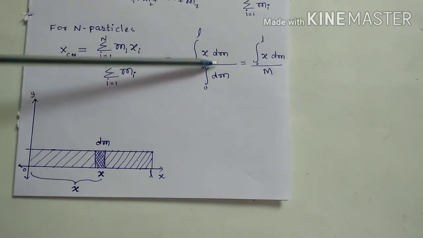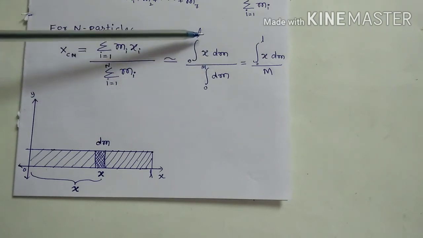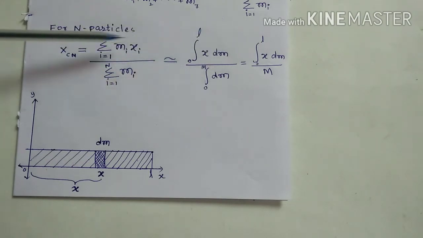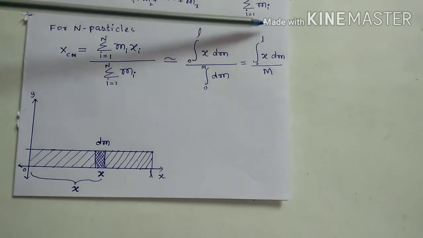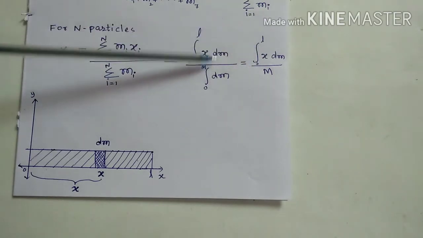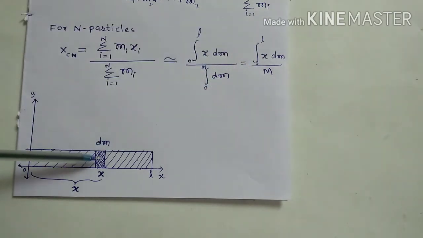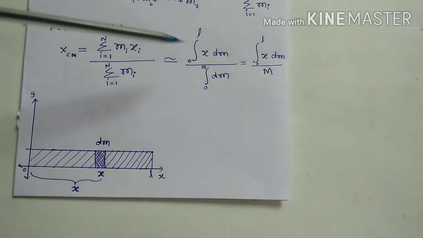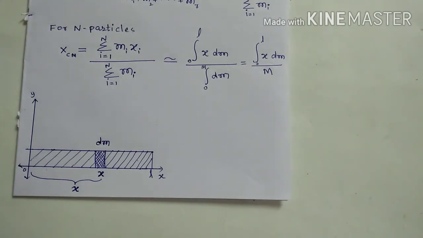Integration of x dm from 0 to L is nothing but the summation of this. Integration of dm means you are adding all these parts, dm here, this part, all you add, you will get the total mass, that is capital M. That is why we are going for integration. You got it, no? We can explain this further. You watch forward.